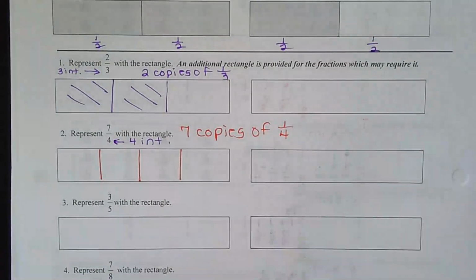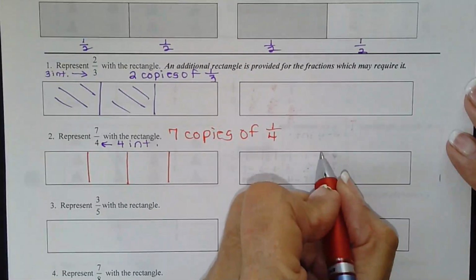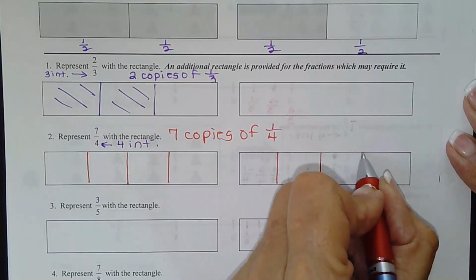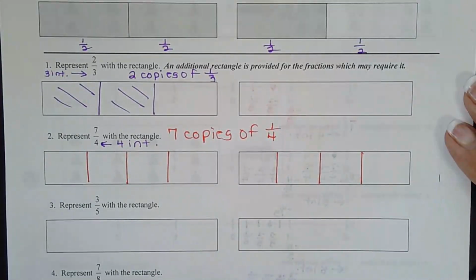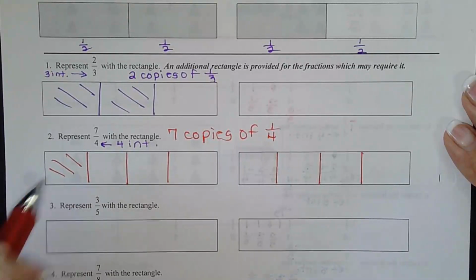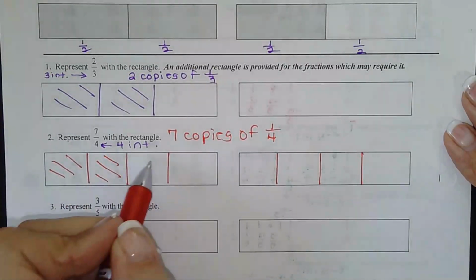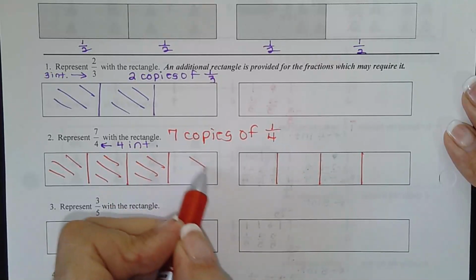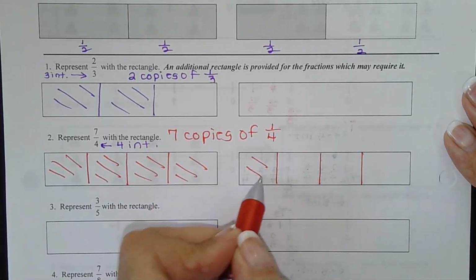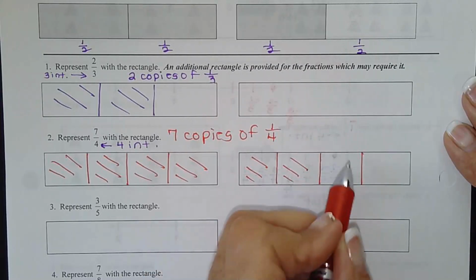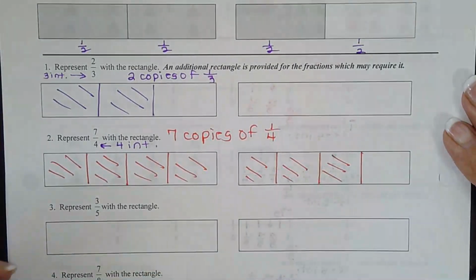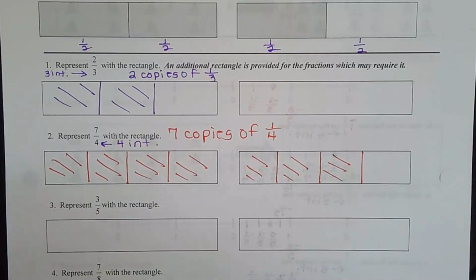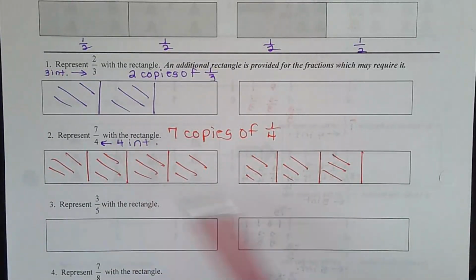So the next rectangle is also going to have to be included. So 1 copy of 1/4, 2 copies of 1/4, 3 copies, 4 copies, 5 copies, 6 copies, 7 copies of 1/4. So I can see 7/4 is pretty close to 2 wholes.